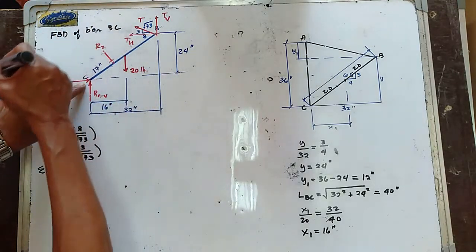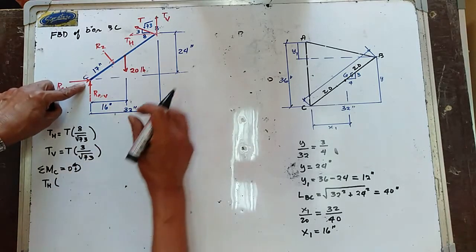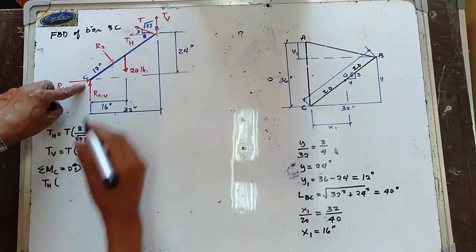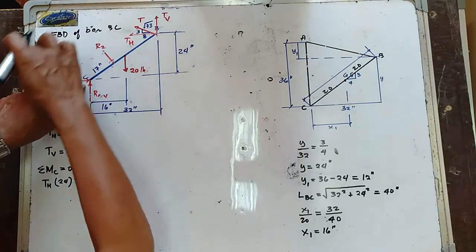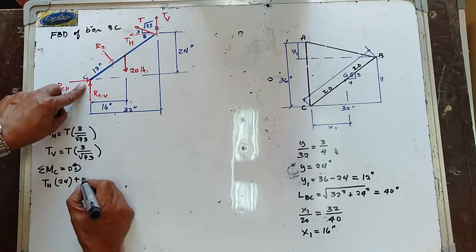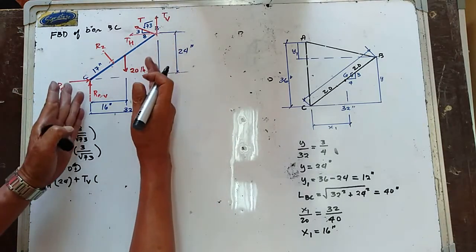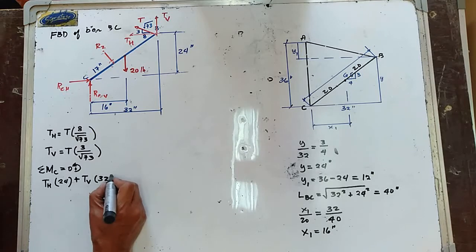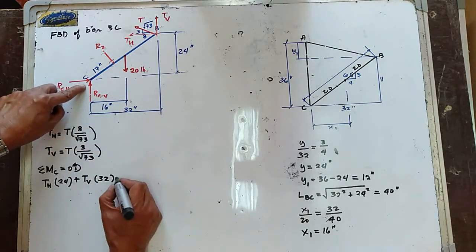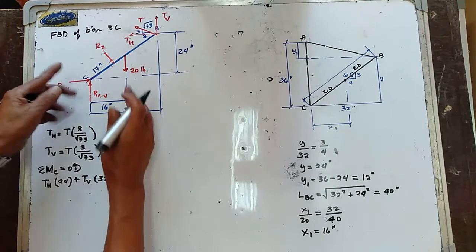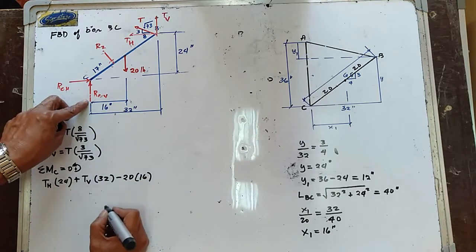So your T horizontal goes counterclockwise, and the moment arm is 24 inches, plus your T vertical also going counterclockwise, and the moment arm is 32. Then your 20 is going clockwise, so minus 20 multiplied by the moment arm, which is 16.